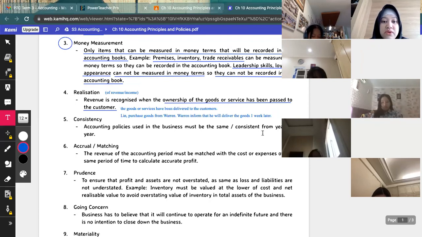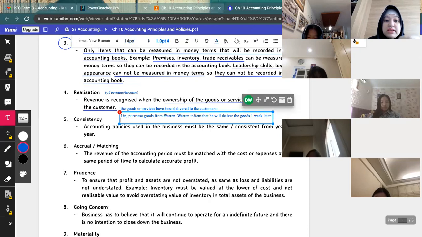We can never record that as our revenue in our books. But we will recognize it as our revenue when we have delivered the goods to the customer. Clear? So in this case, Lynn purchased goods from Warren.